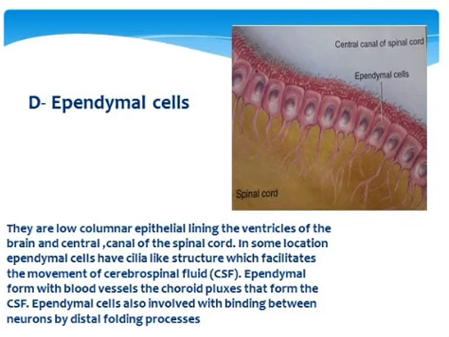In some locations, ependymal cells have cilia-like structures which facilitate the movement of cerebrospinal fluid, CSF. Ependymal cells form, with blood vessels, the choroid plexus that produces the CSF. Ependymal cells are also involved in binding between neurons by distal folding processes.